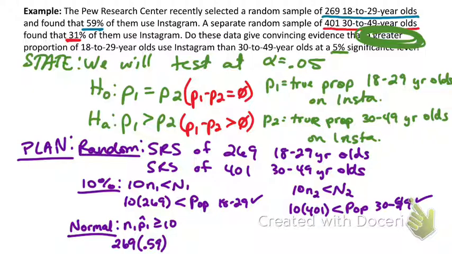So what is 269 times 59% as an integer? 159. All right, so that one's good. Now we're going to check N1 times 1 minus P hat 1. So 269 times 0.41.